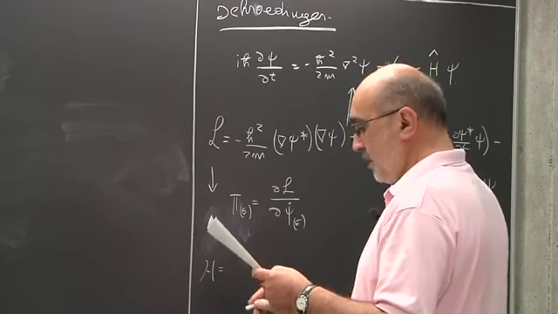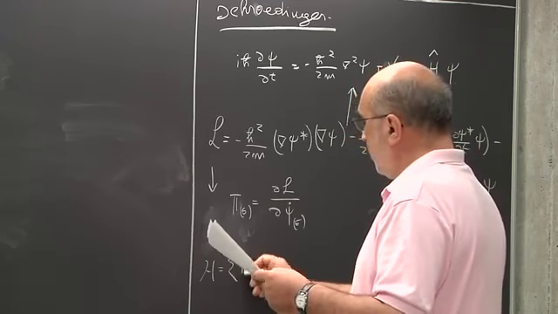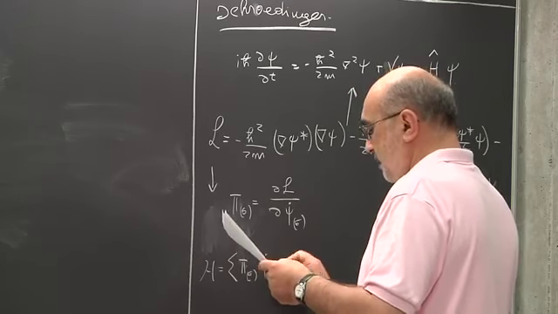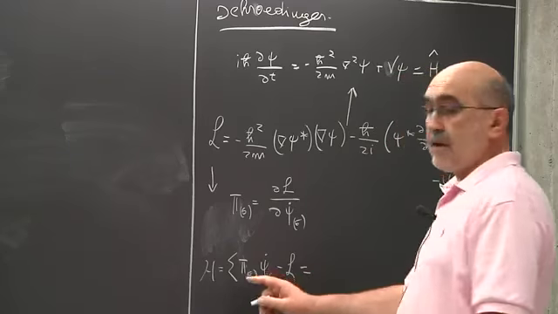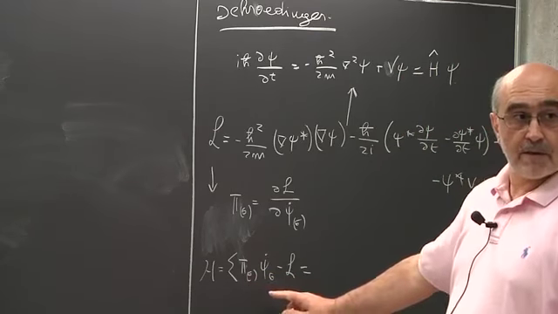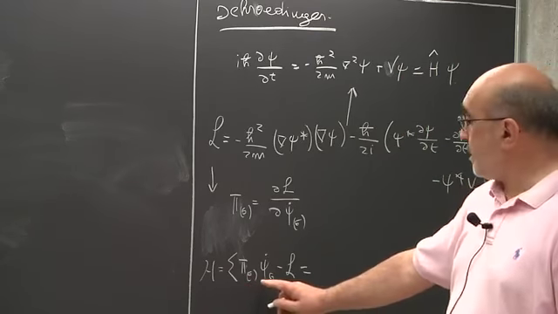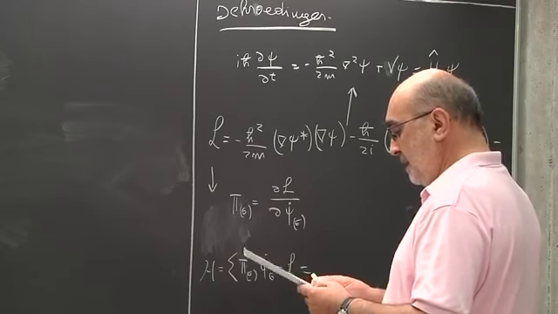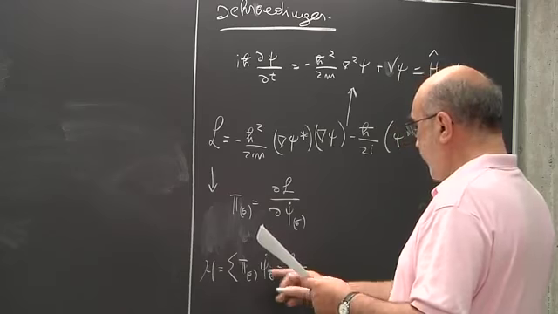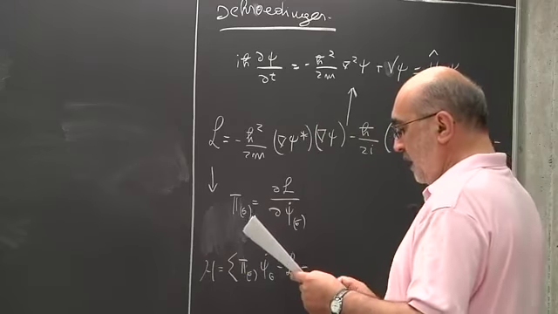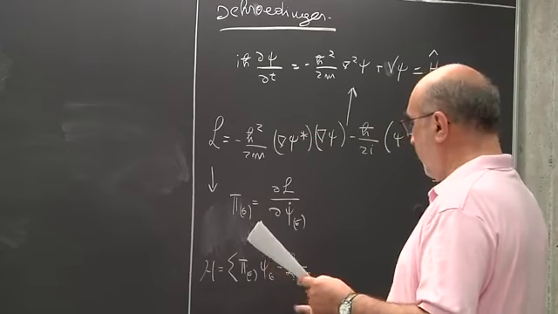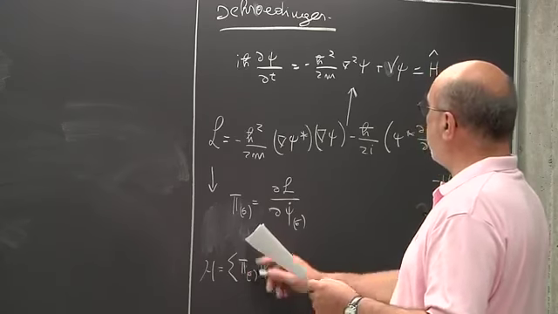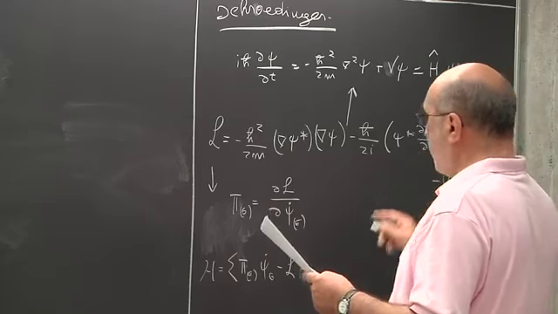Then you define the Hamiltonian density as the sum over sigma of pi sigma psi dot sigma minus L, like the normal Hamiltonian, momentum times q dot minus L, okay? And then if you do this calculation and keep account of the various things of the momentum and so on, somehow magically the momentum disappears from here.